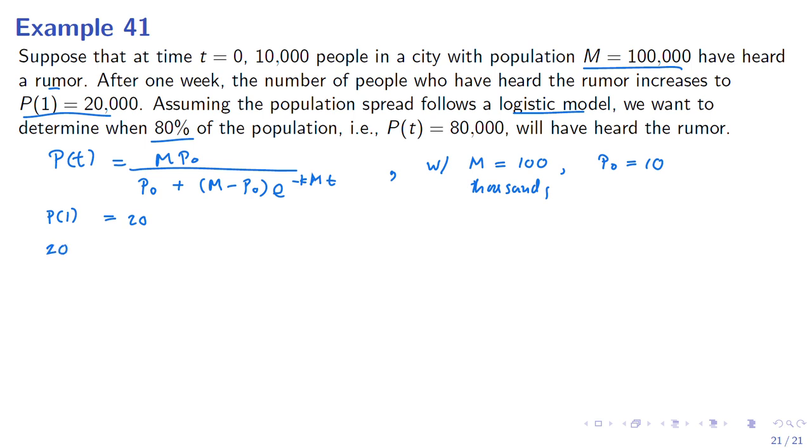So 20, if I apply that to the solution, equals 100, that's M, times P naught, which is 10, divided by 10 plus M minus P naught, which is 90, e to the minus M, which is 100, K, T is 1.